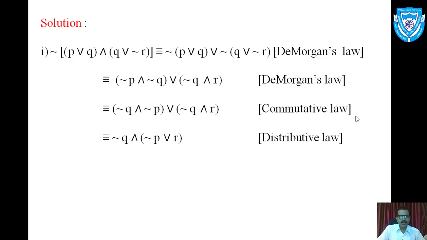Here negation of Q is common in both brackets, so that can be taken out. Also the 'and' is common, that can be taken out, and in the bracket you can club the remaining part. So we are getting negation of Q and negation of P or R. Like this way we can obtain the negation of the given proposition.